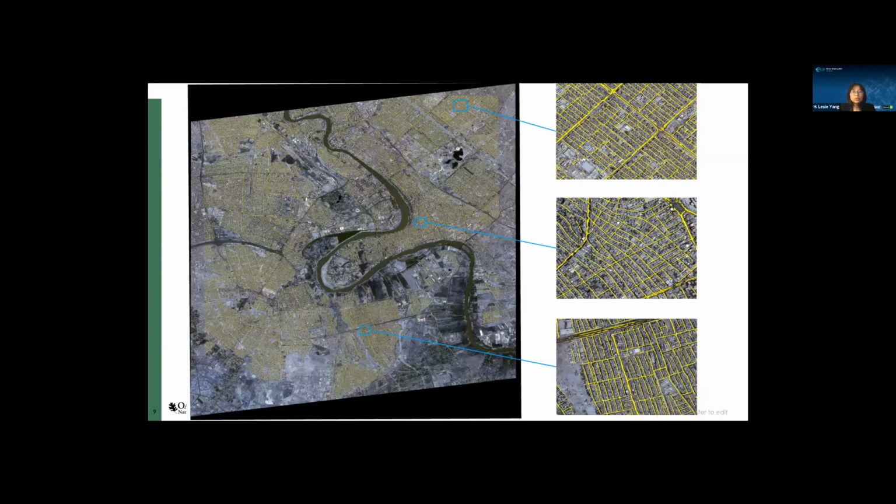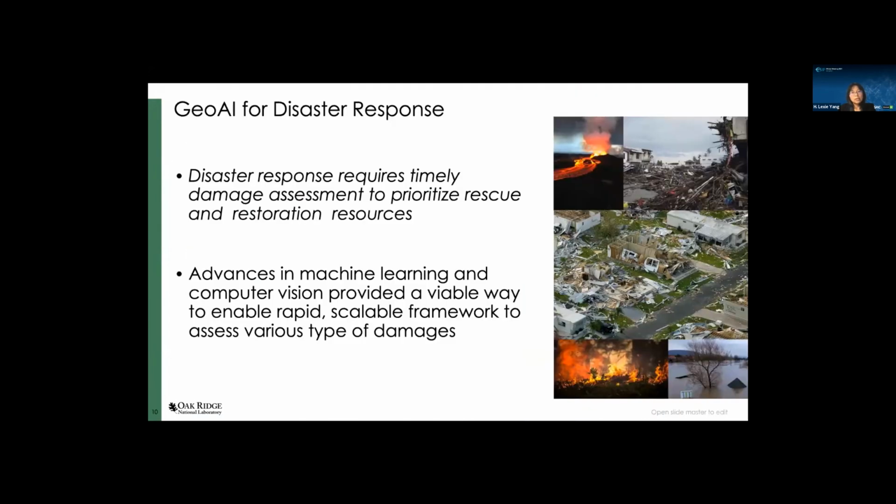Of course, we know that data sets will always play an important role in many different aspects, but the data sets will just be there, not really operationally ready. So if we think about how GeoAI can help disaster response and even give tiny actionable information, that will be how GeoAI can help in greater aspects.